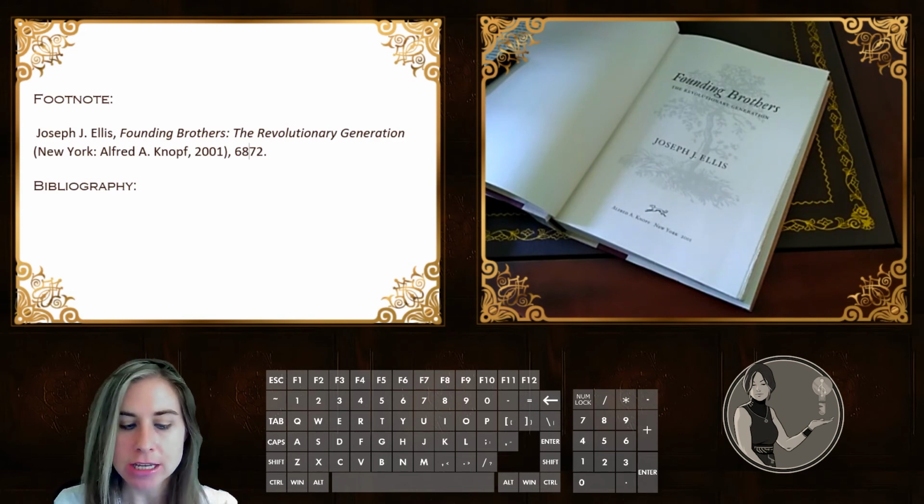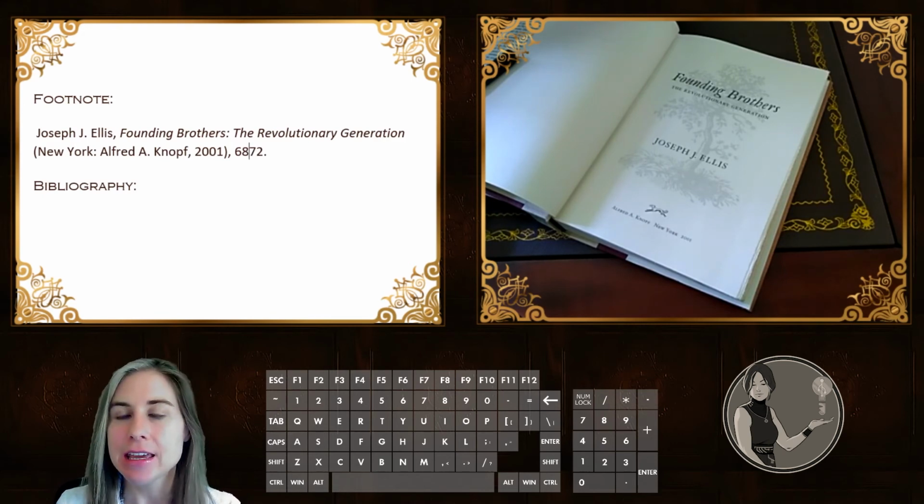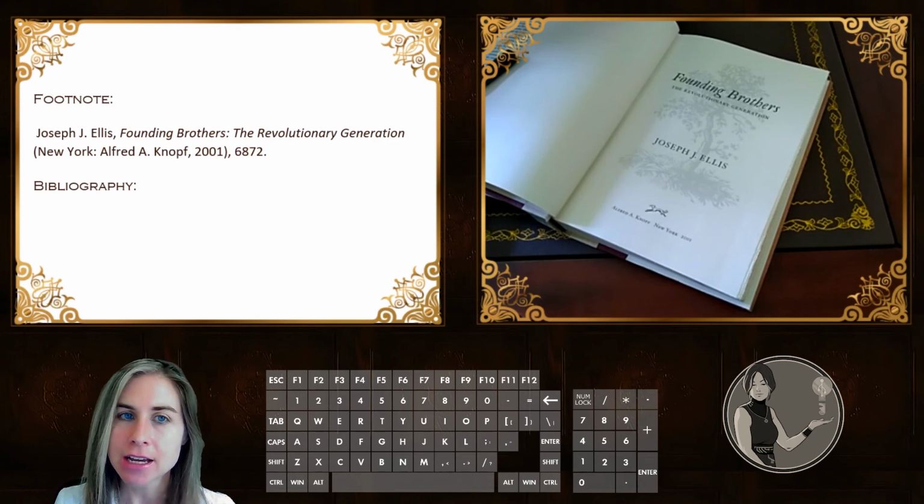Now, an en-dash is not a hyphen. It's not that little minus symbol at the top of your keyboard. It's an en-dash, and it's a slightly longer mark, and it's used for any kind of range. So a page range or a date range, anytime you're doing two numbers together, you should use this typographical mark.